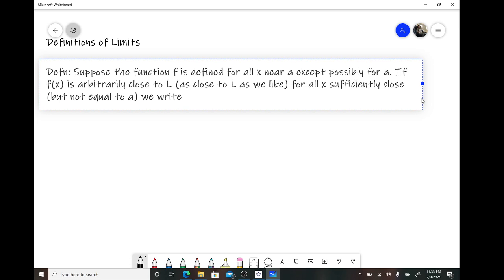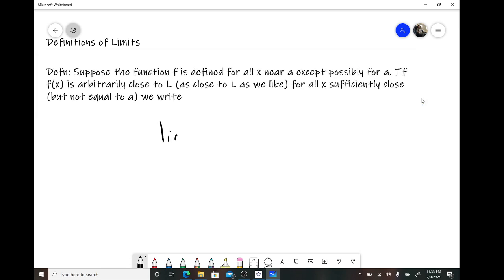We write that the limit, this is how we write limit, as x approaches a of f of x equals L.